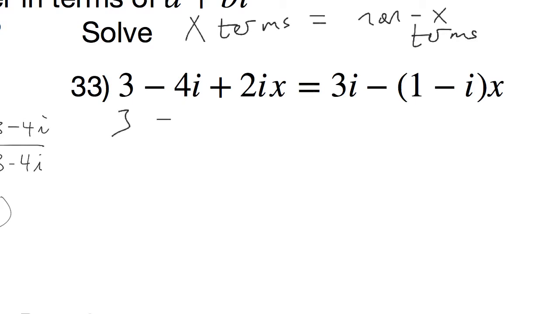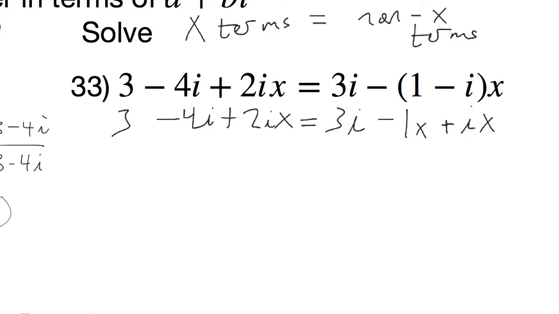So we have 3 minus 4i plus 2ix is equal to i minus 1x plus ix, distributing both the subtraction and the x.